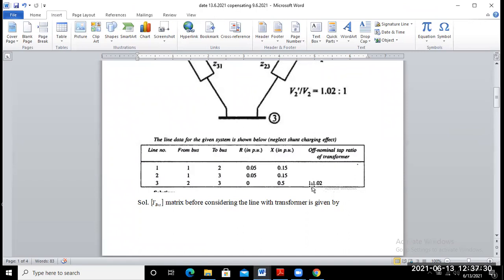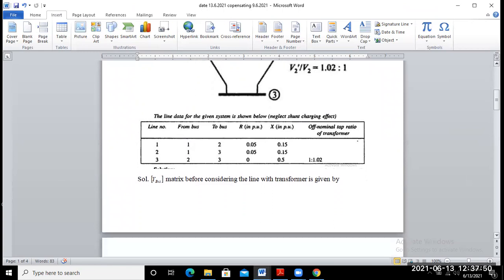Okay, so 1 is to 1.02, so a is 1.02. That means the nominal ratio is represented by a small a. Okay, so that is 1.02, and then try to solve this problem.